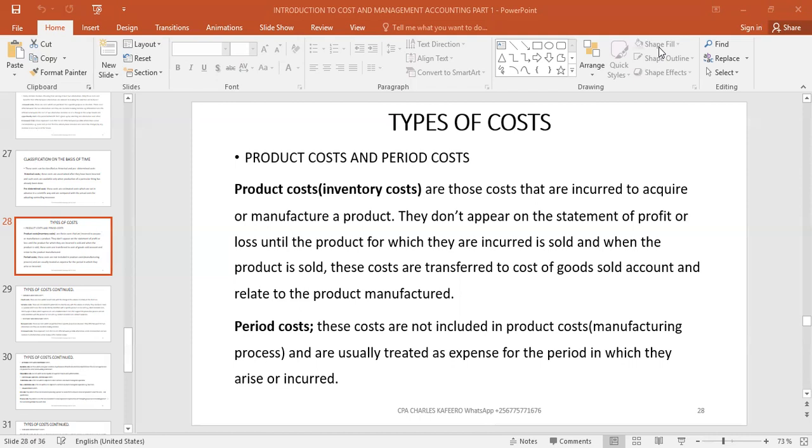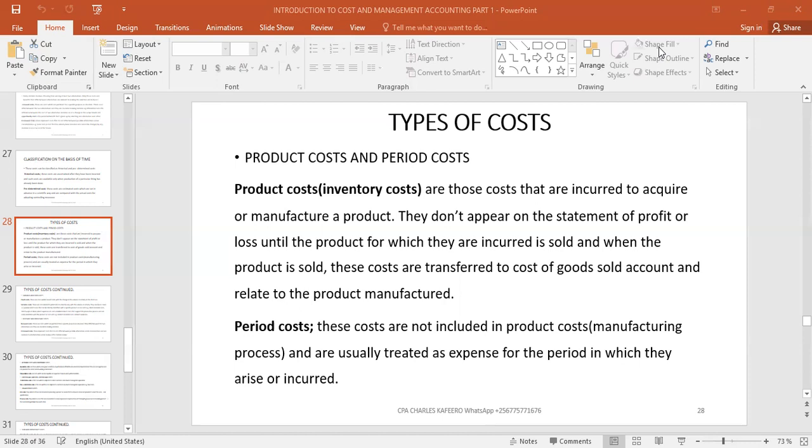They don't appear on the statement of profit or loss until the product for which they are incurred is sold, and when the product is sold, these costs are transferred to the cost of goods sold account and relate to the product manufactured.